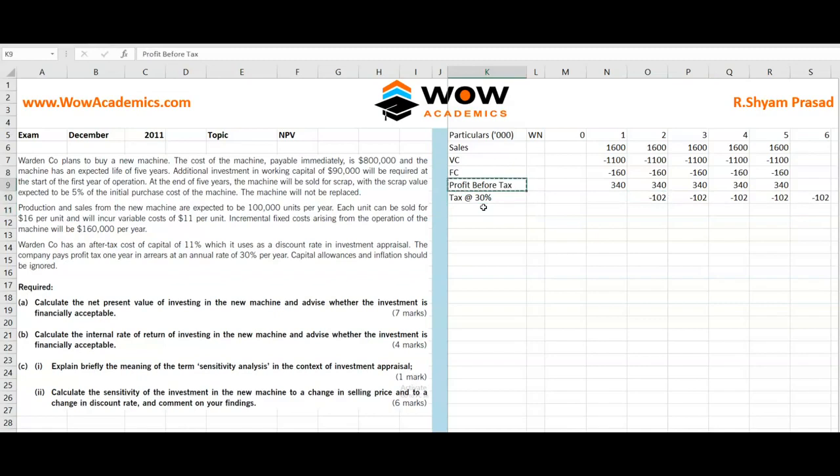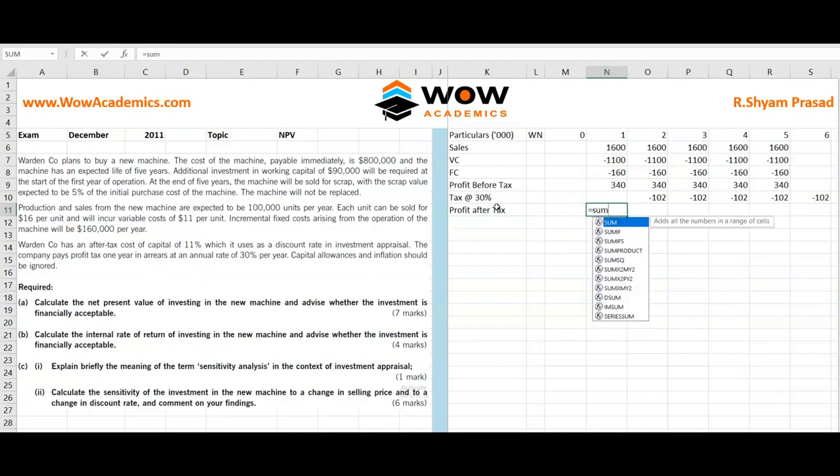So now we will get something called profit after tax. So you can simply sum the numbers. This and this, you can just simply sum it.